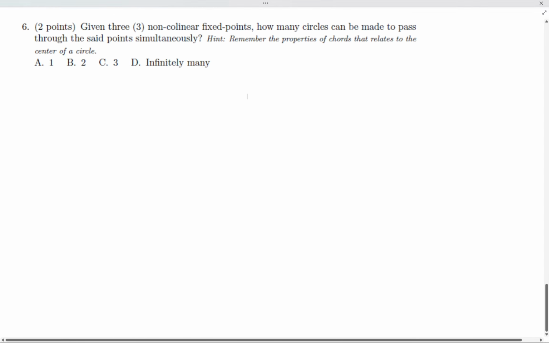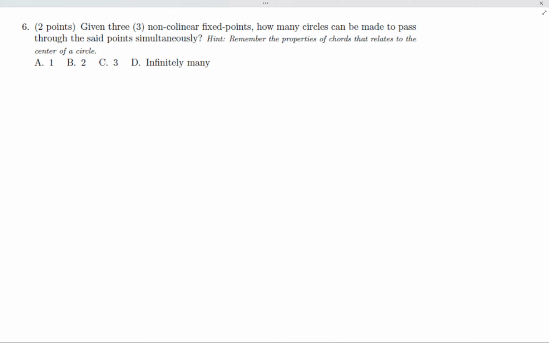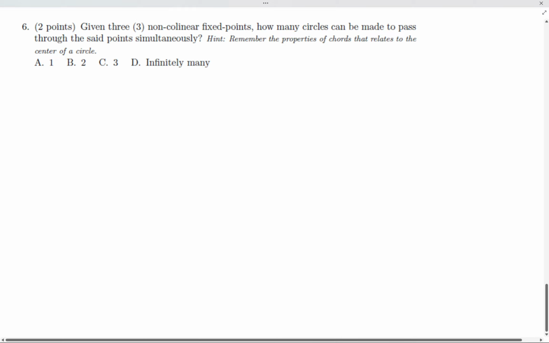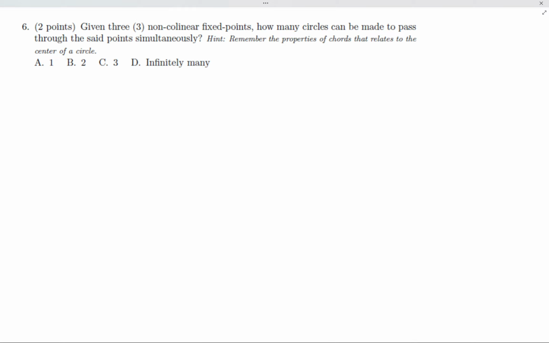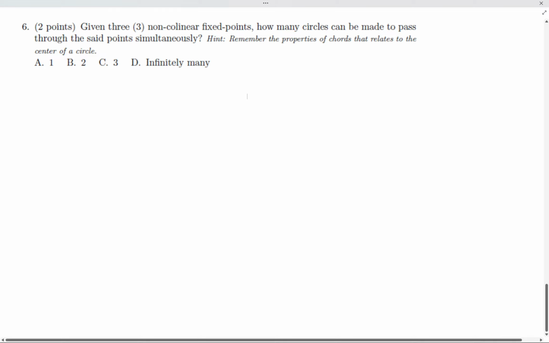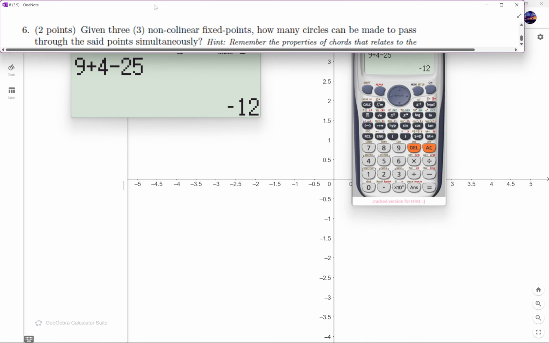Given 3 non-collinear fixed points, how many circles can be made to pass through the said points simultaneously? The same hint is given, and the same choices: A, 1; B, 2; C, 3; and D, infinitely many circles.